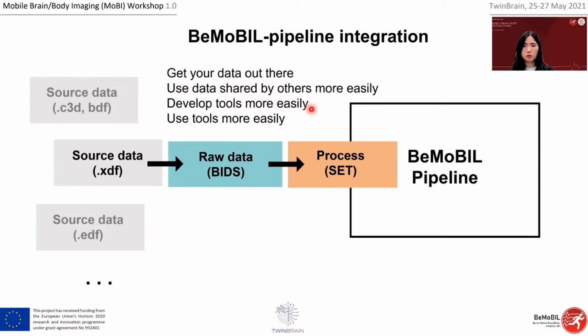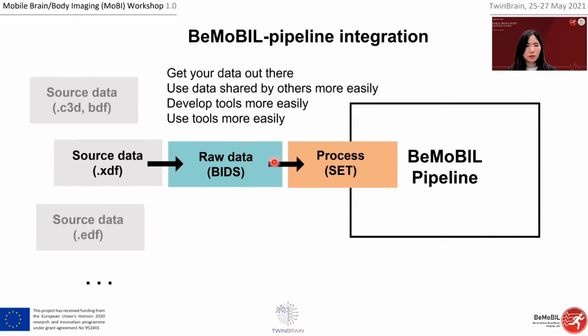And from the tool developers' perspective, because you can expect how the data should look, it becomes much easier to develop an analysis pipeline like this one. And if you have your data in BIDS, you can also use tools developed by others more easily, assuming that the community is sticking to this norm.